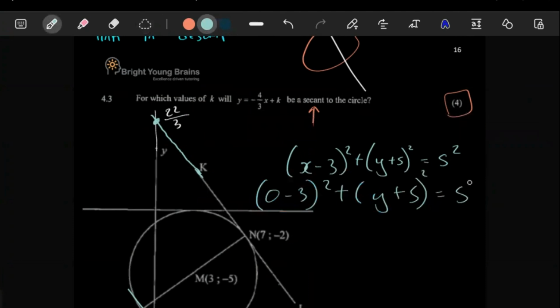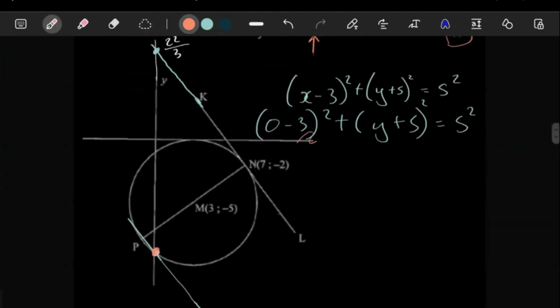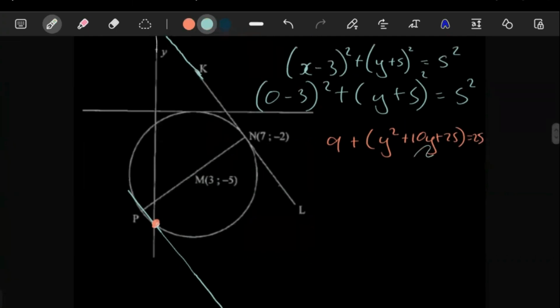Negative 3 squared is 9, y times y is y squared, and then you get plus 10y plus 25 equal to 25. Nothing crazy there. If you take everything on one side, you have y squared plus 10y plus 9 equal to 0.